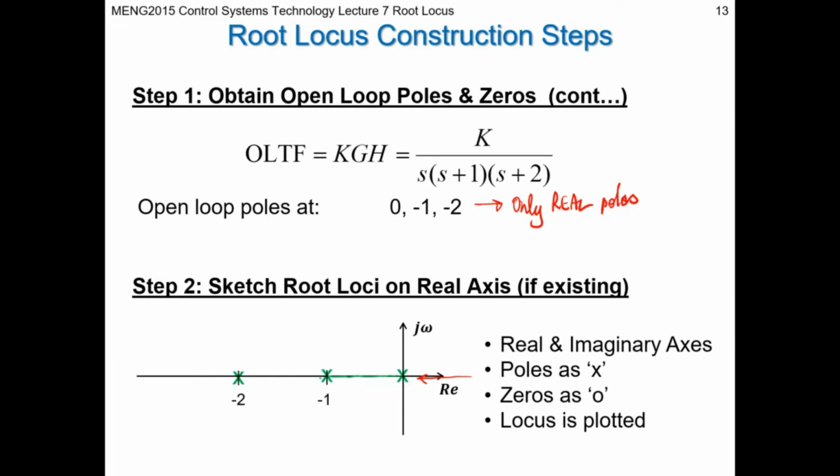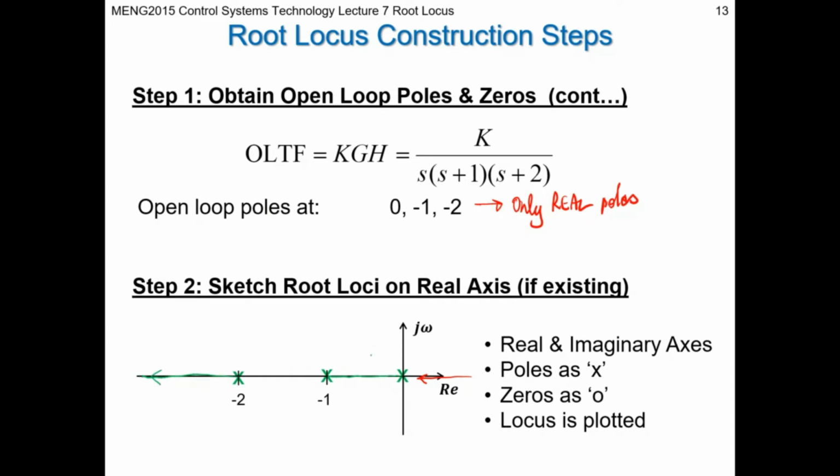So it basically toggles on and off. As you're going along the real axis in a negative real direction, you keep toggling on and off every time you intersect either a pole or a zero on the real axis. So I keep going, there's no locus on this section at all. And then when I get to this pole, I pick up the locus again, and it continues along the real axis and off to infinity.